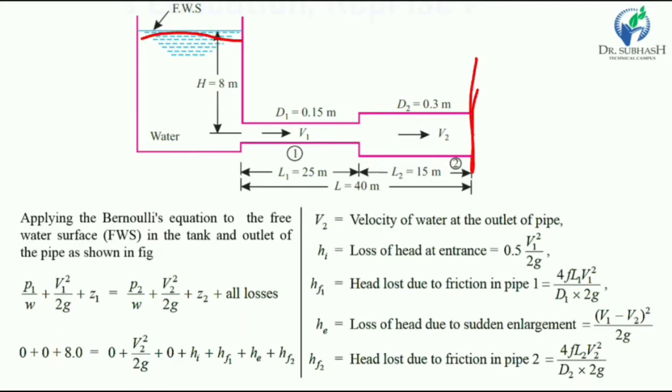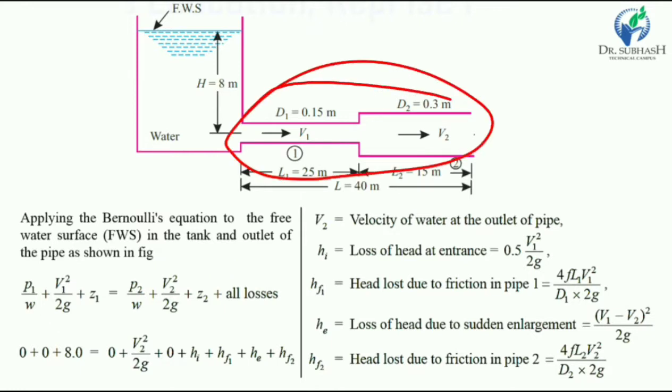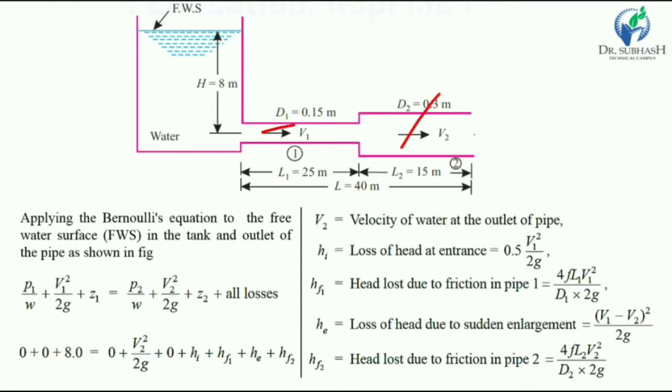Now for the other section, consider the outlet of the pipe, or exit of the pipe. The pressure head P2 upon rho g, or P2 upon specific weight, velocity head V2 square upon 2g, potential head Z2, and all losses which occur in this flow between the two sections of pipe.